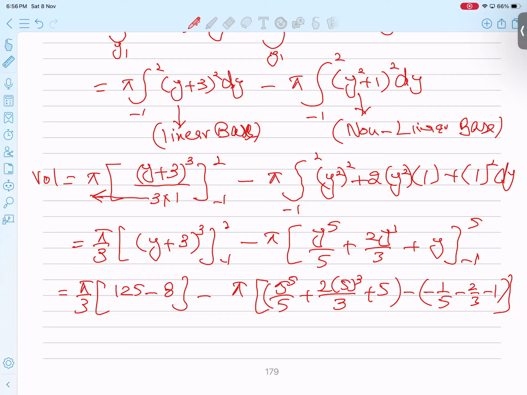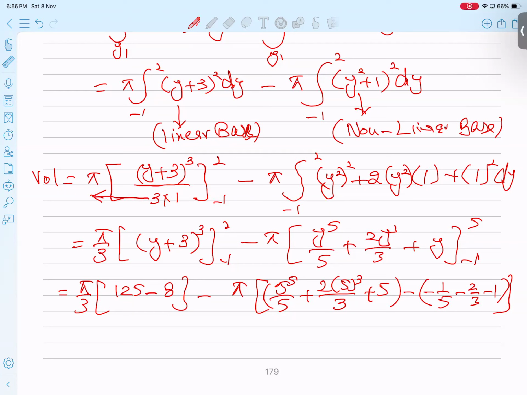So I am going to type in the calculator 125 minus 8, and divided by 3. Just a minute. Let me check: plug in 2, 2 plus 3 is 5, and 5 to the power 3.